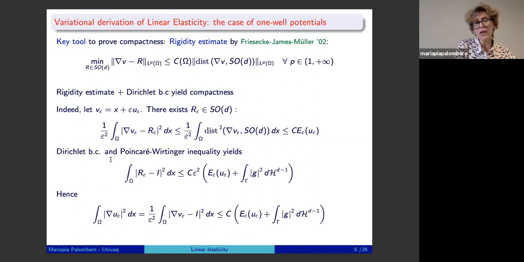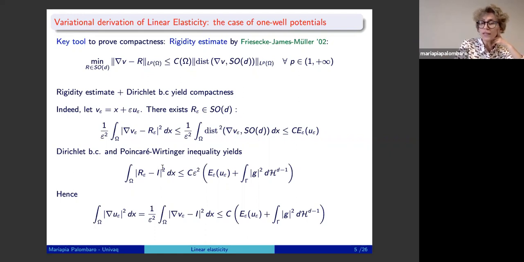But then, using the Dirichlet boundary conditions, which say that v epsilon is equal to x plus epsilon g, where g is given and does not depend on epsilon, one can prove that this sequence of rotations is in fact close to the identity matrix. Here it's important to use the Dirichlet boundary conditions, because it's this that will select the rotation.